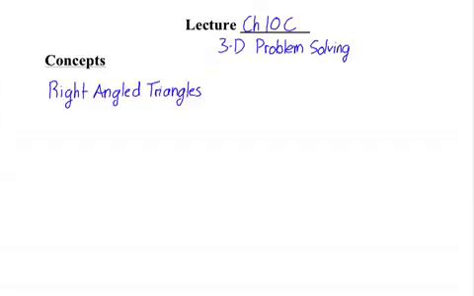In this video, we're going to look at Chapter 10, Section C, on three-dimensional problem solving. If we take a look around us, we see that right-angled triangles occur frequently in three-dimensional figures.